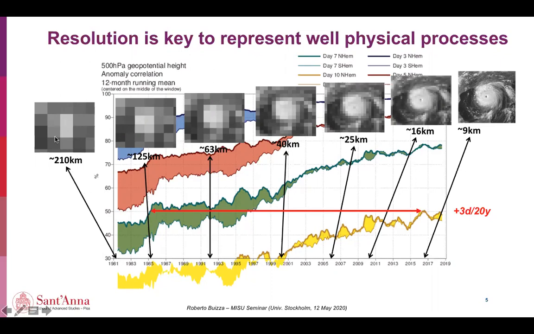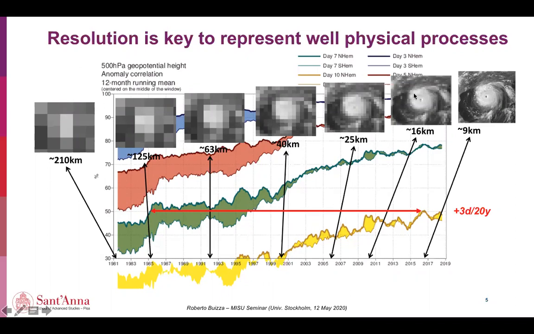As you can see, if you average this image, which is a simulated satellite image from the European Center high resolution system, down to 210 kilometers, you hardly see the structure of a tropical cyclone. In 1985 the European Center model went up in resolution to 125 kilometers, and then subsequently, more or less every 5 years, resolution was increased by almost a factor of 2 to get to the current one.